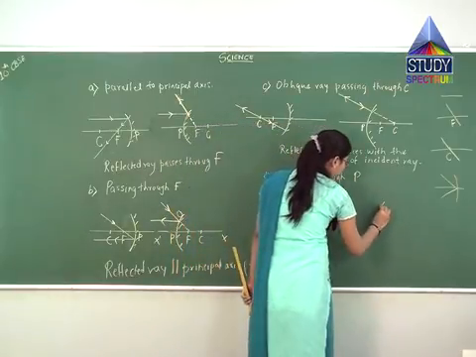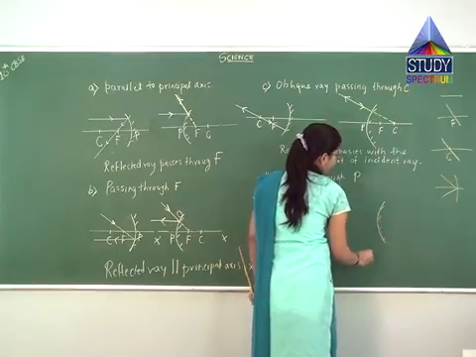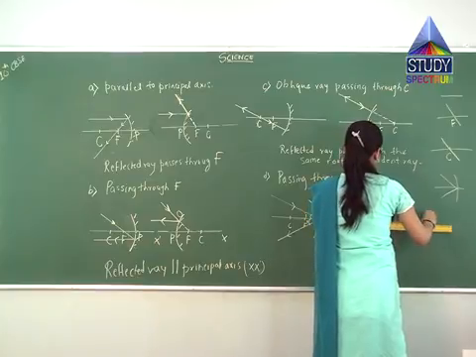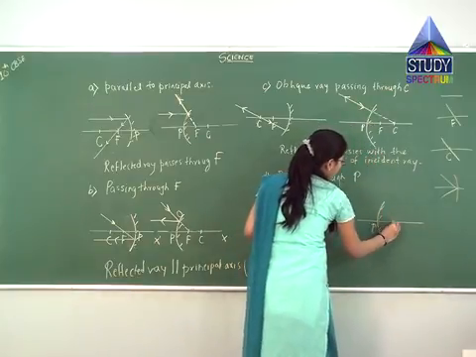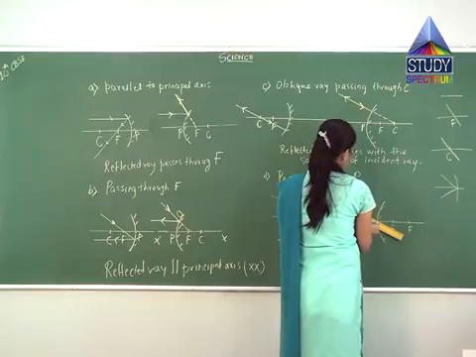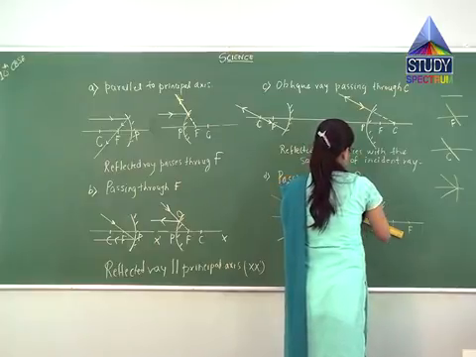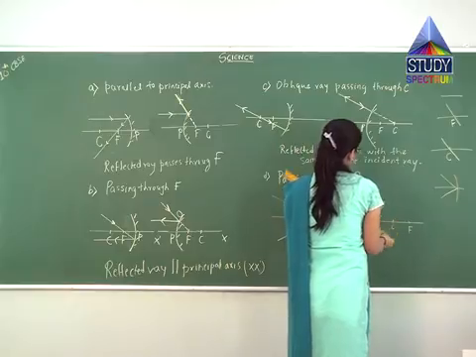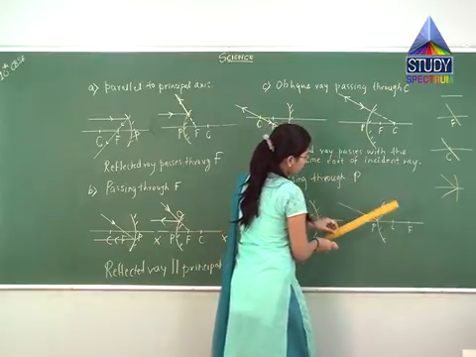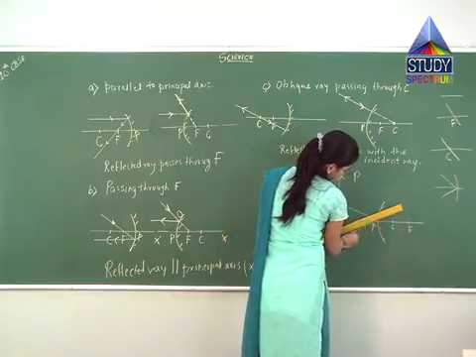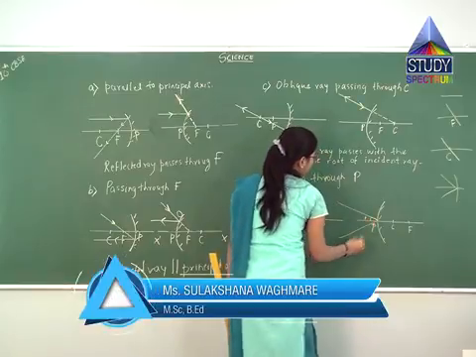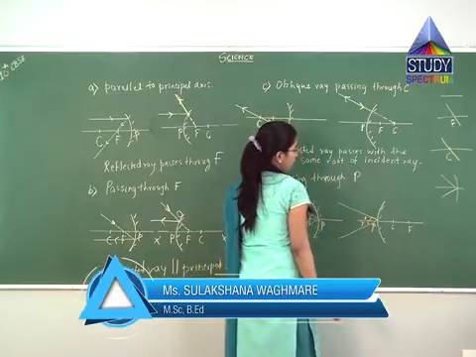Similarly, for the convex mirror it is very simple. Again your incident ray is oblique and it is passing through the pole, so it will get reflected like this. So this is your angle of incidence I and this is your angle of reflection R.